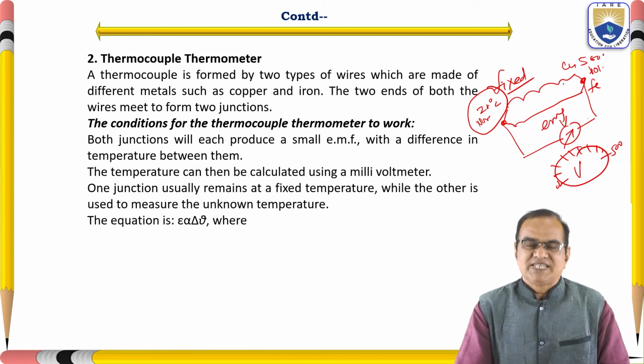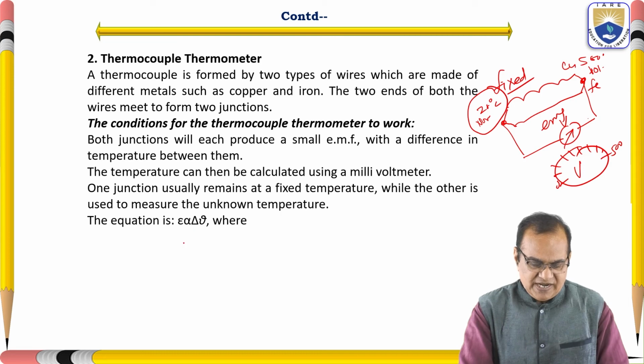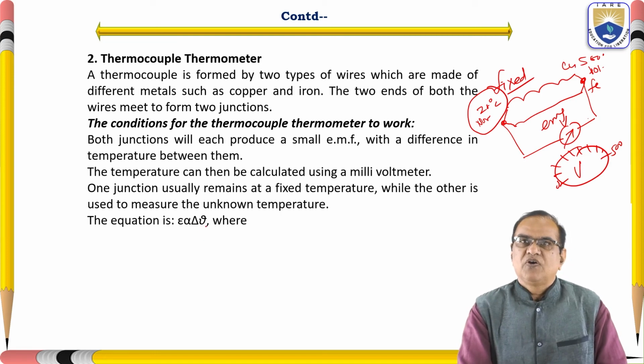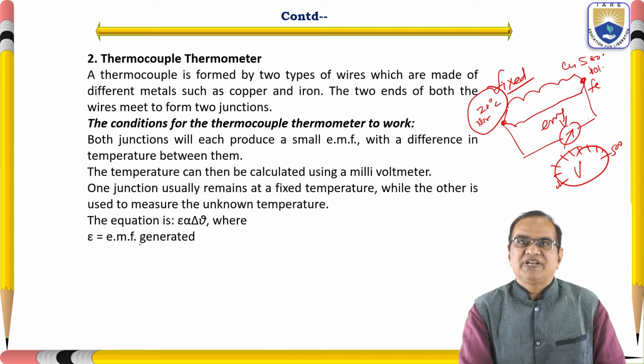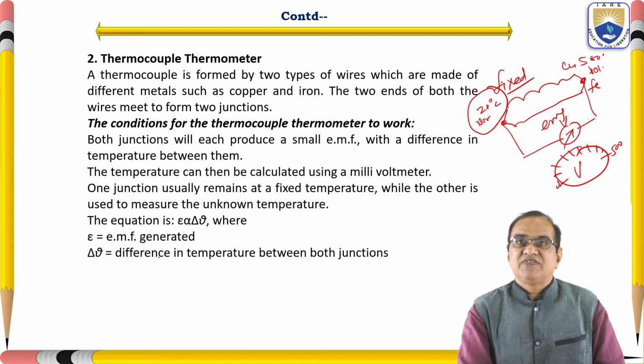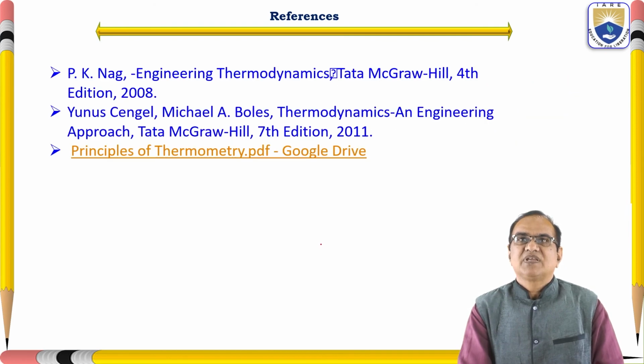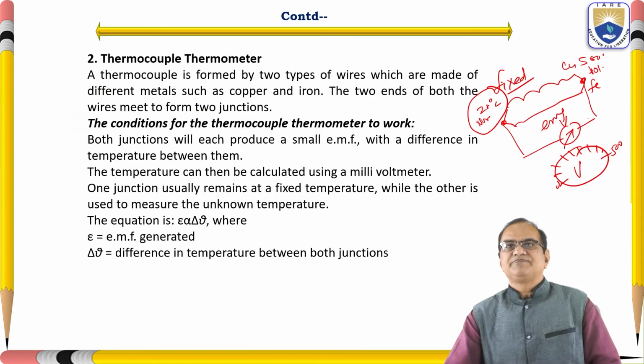The equation is E directly proportional to V, where E is the EMF generated and V is the difference in temperature between both junctions.